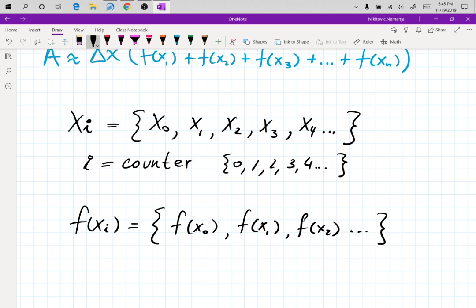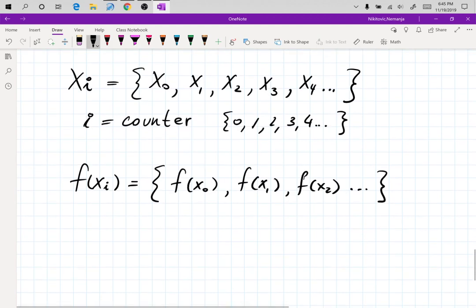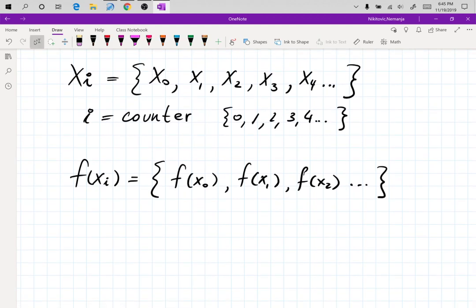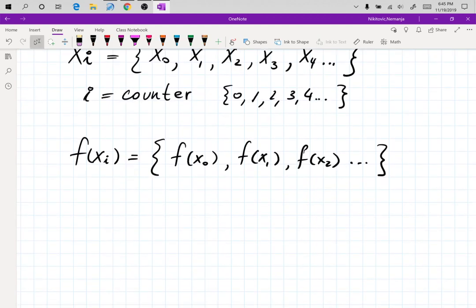All right, the last part that we want to write here is the summation notation, so that we can further compress this into one short formula.